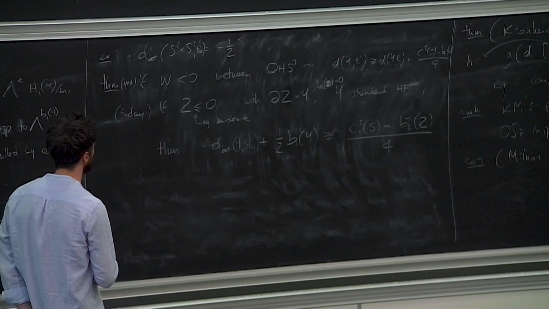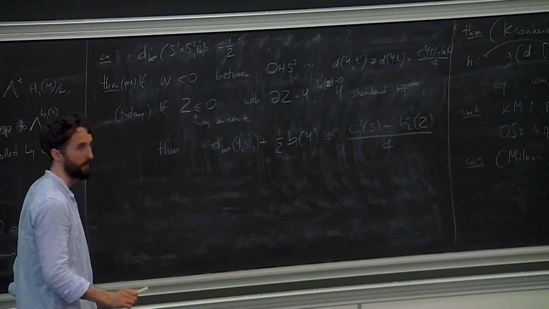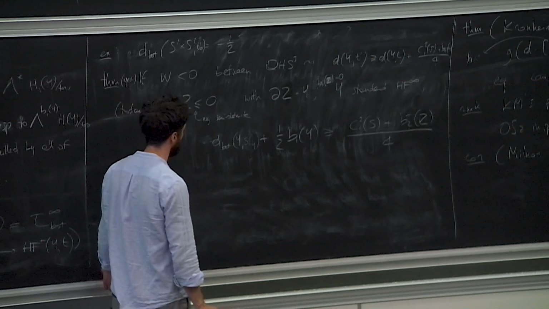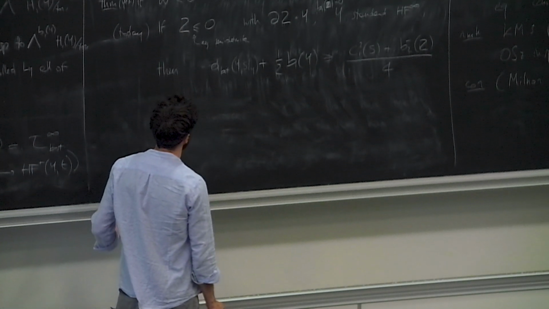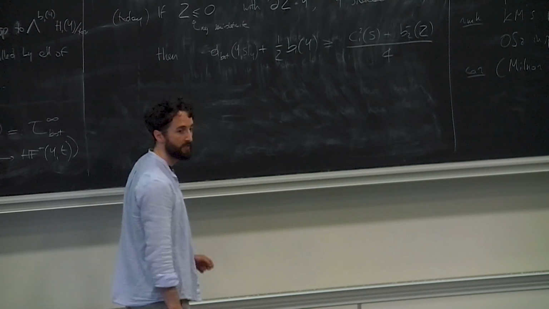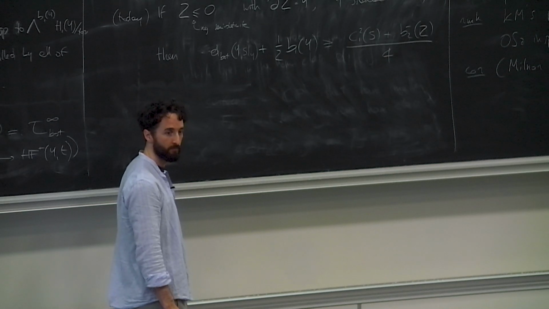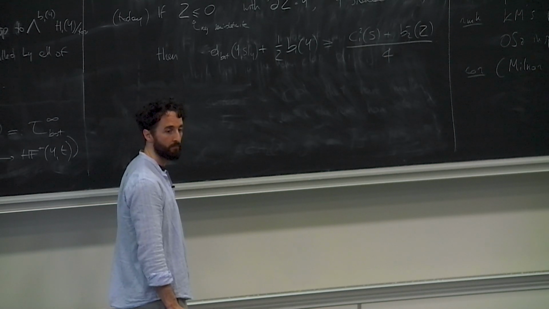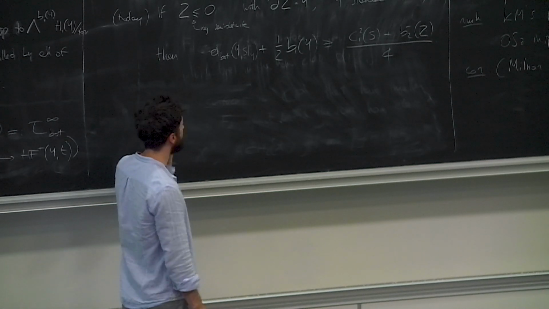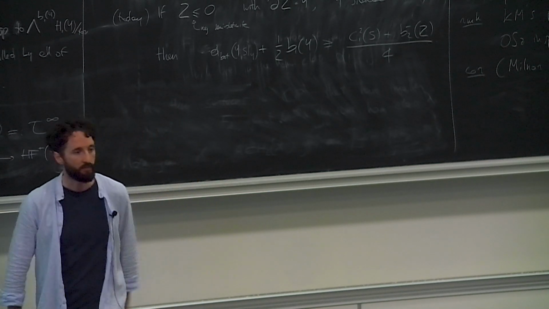No, sorry, S1 times D3. No, S1 times D2. Yes, it might like to have some b1, but you don't need to. I'm stating as an assumption that you don't have b1. I'm stipulating that.